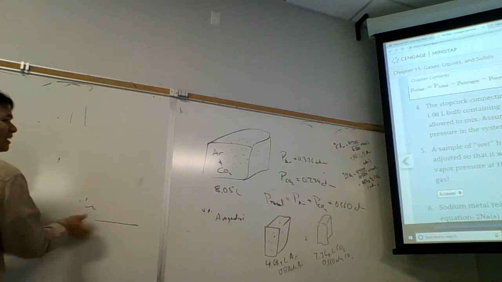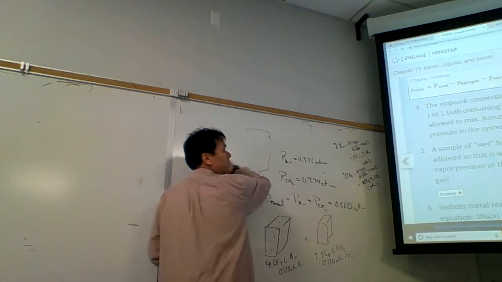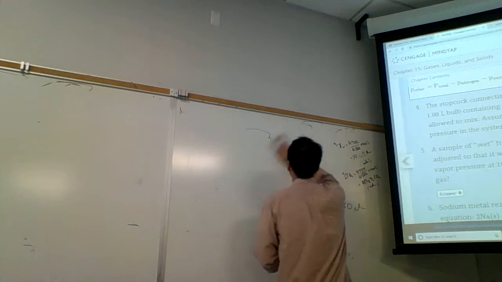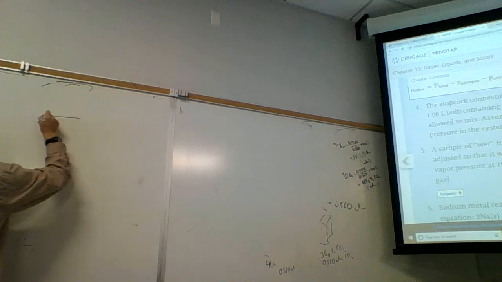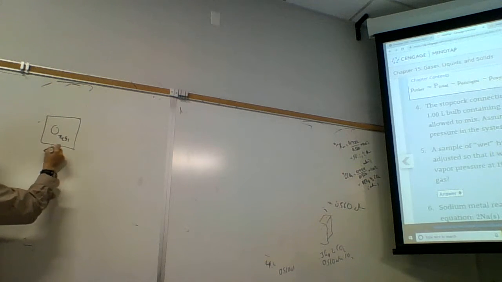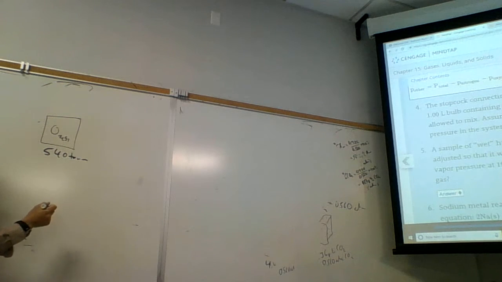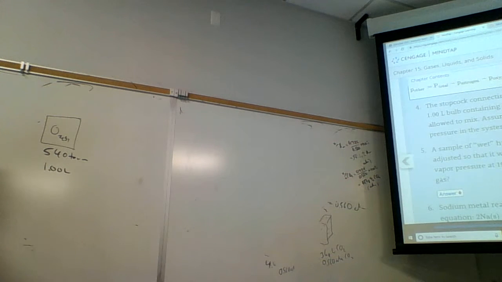Okay, the stopcock connecting a 1.00 liter bulb containing oxygen gas at a pressure of 540 torr. So what we have is O2 gas at 540 torr, and the volume is 1.00 liters.